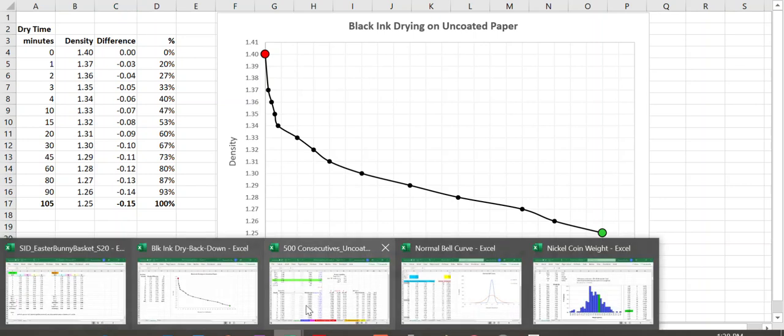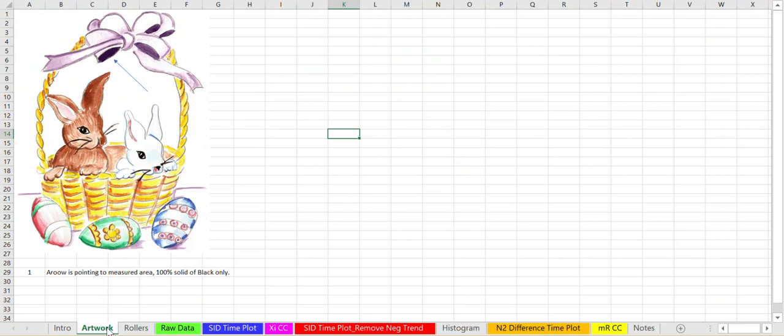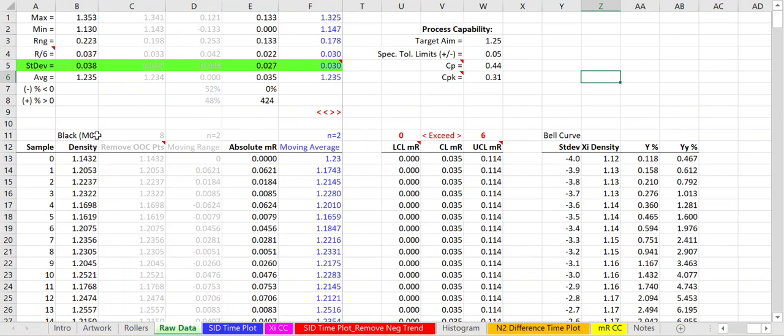We know from a previous experiment about a year ago in 2019, where we ran 500 consecutive sheets, that the standard deviation for 500 consecutive sheets was about 0.38.